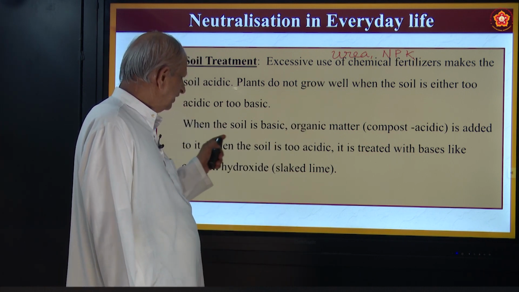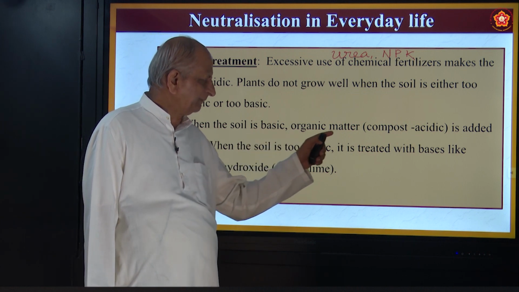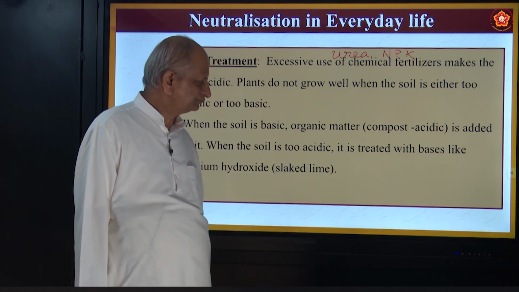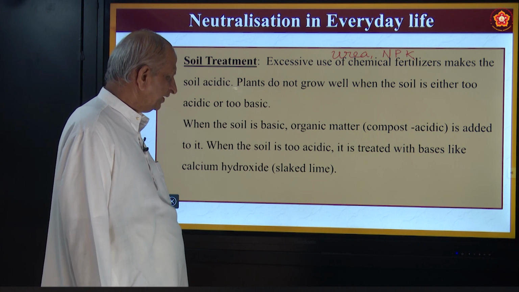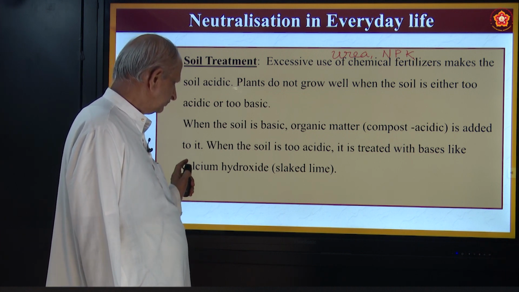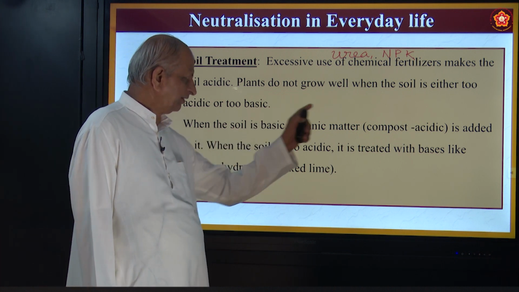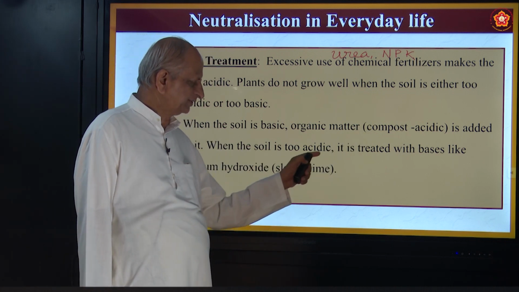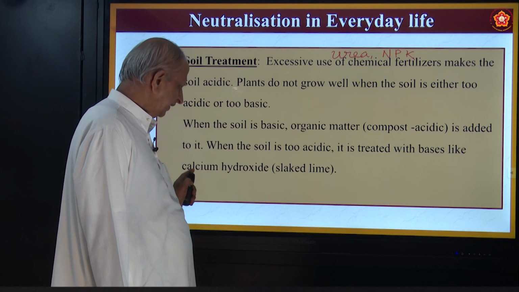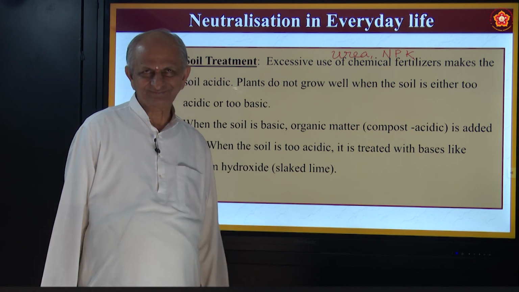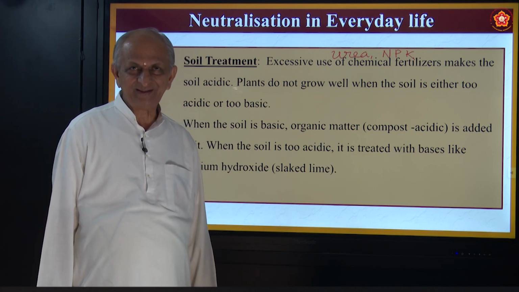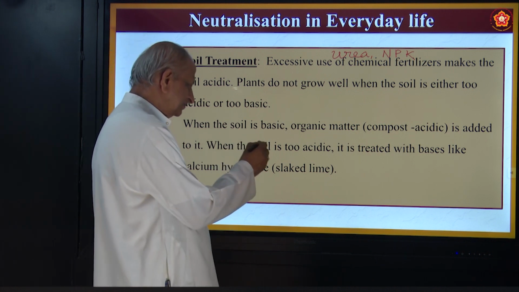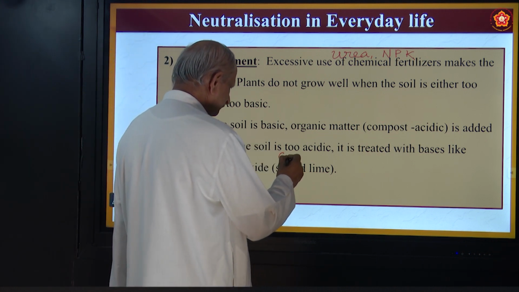When the soil is basic, organic matter, that is compost, which is acidic in nature, is added to it. If the soil is basic, you have to add acid to it. When the soil is too acidic, it is treated with bases like calcium hydroxide. What is calcium hydroxide? It is nothing but slaked lime.